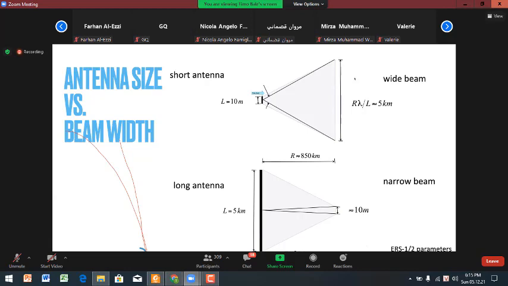To get a very narrow beam, you would need a 5 kilometer long antenna to get something like a 10 meter beam, with a 10 meter footprint on the ground. So what we are dealing with is really a very wide beam, okay? That's what you need to understand. It's very different from other sensors.